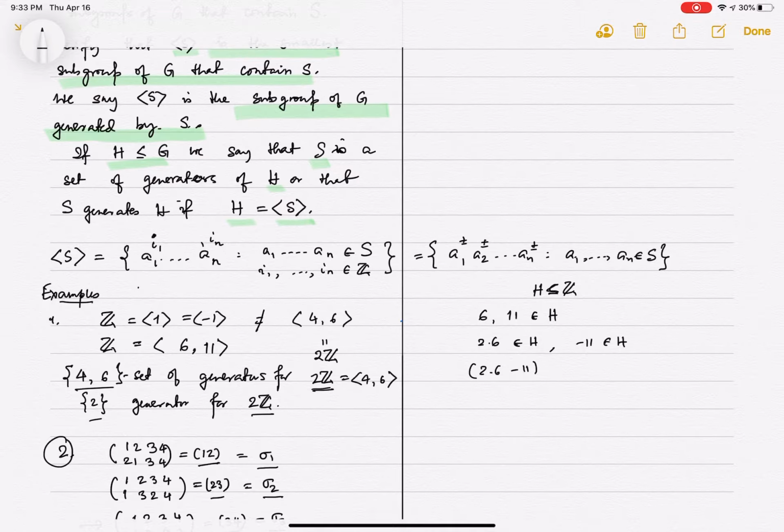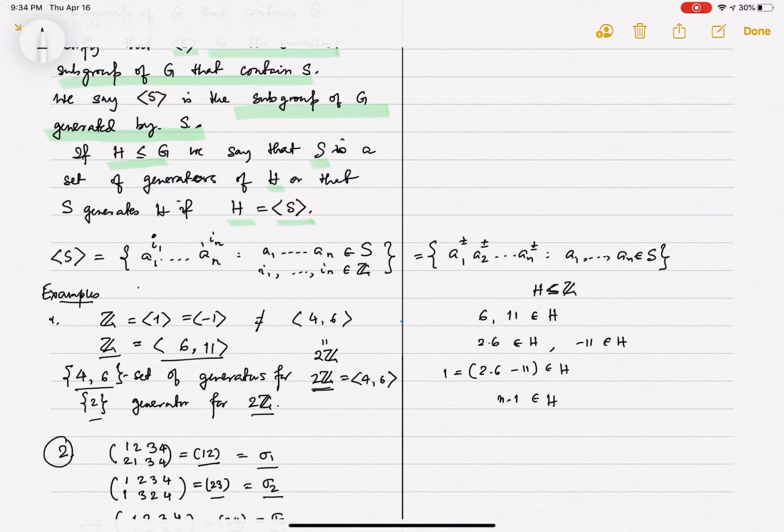And so 12 minus 11 is also in H, but that's 1. And once you know 1 is in H, you know that all multiples of 1 are in H. So all the numbers are in H, so H is Z. So we say that 6 and 11 generate Z. The smallest subgroup of Z that contains 6 and 11 is equal to Z.